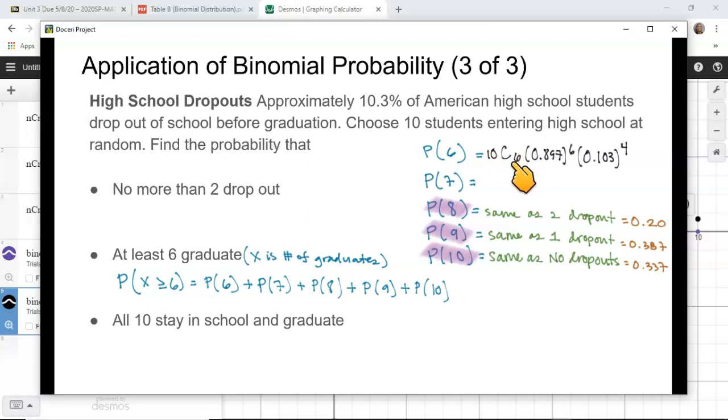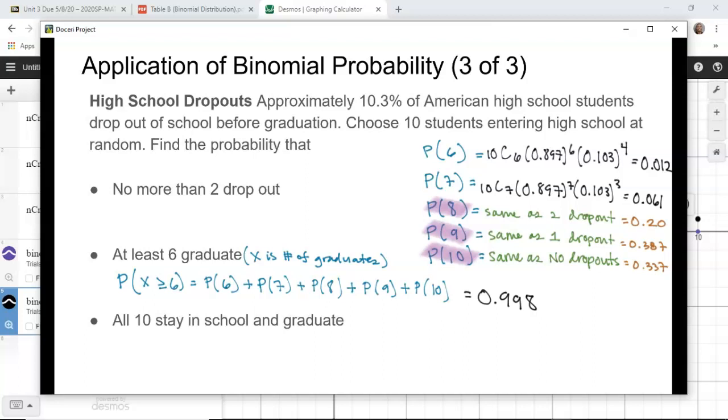So 10 choose 6, because now 6 is the number of graduates. So this is the percent who graduate. That's why the 6 is with this number. And that gives us 0.012. And then if 7 graduate, that gives us 0.61, which is an almost 100% chance that at least 6 graduate, almost, but not entirely 100%.